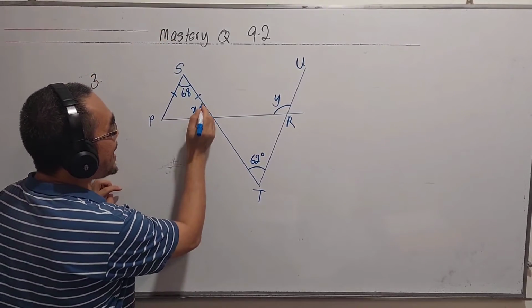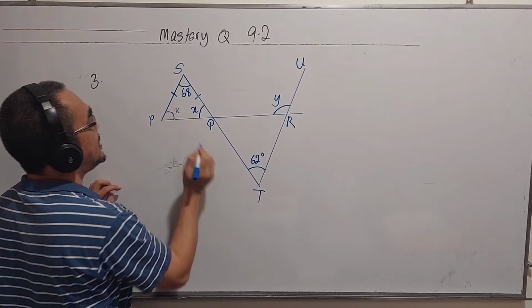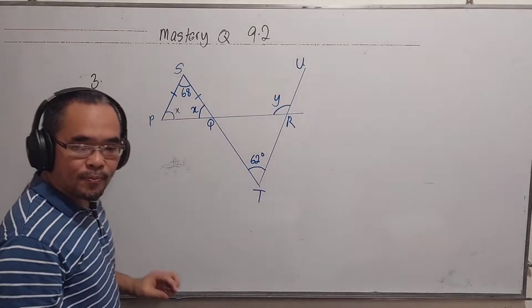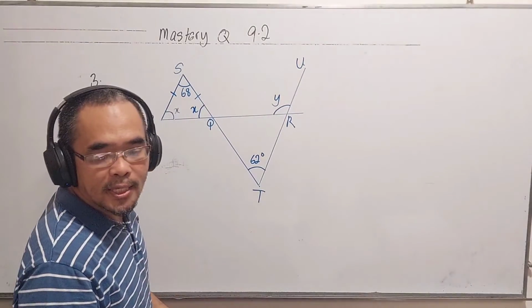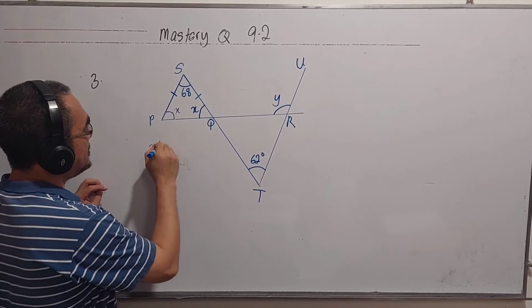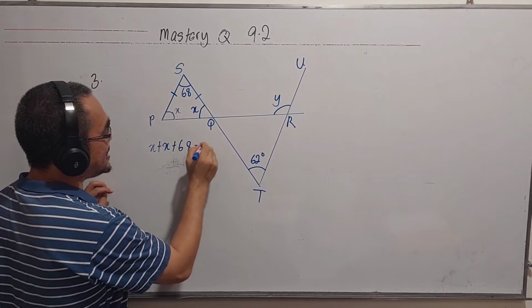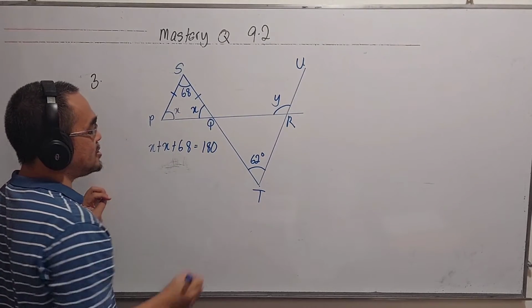So the angle X here, there is another X here. If two sides are equal, we have two angles which are equal. So we say 2X plus 68 equals 180.